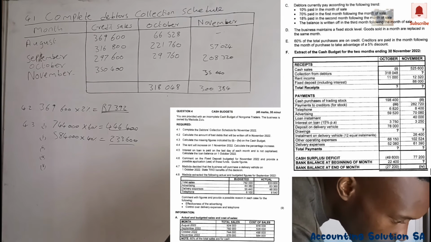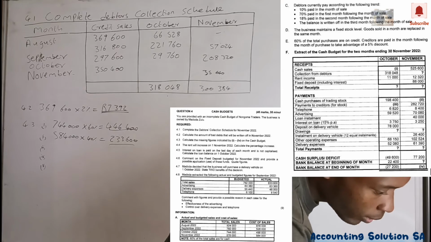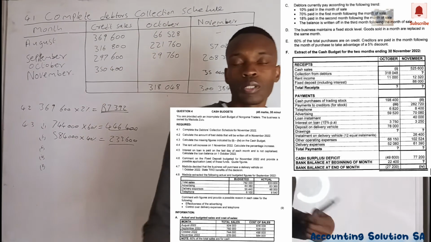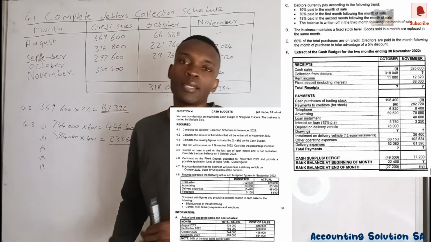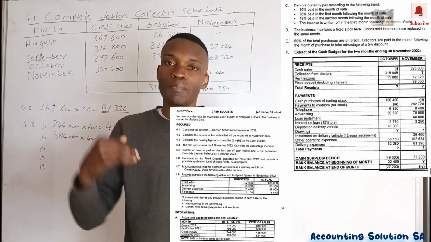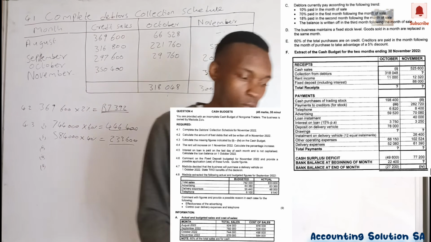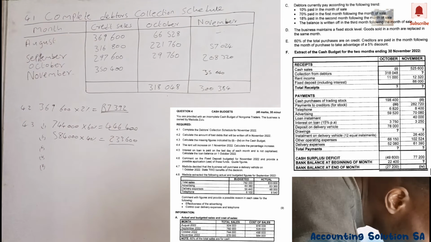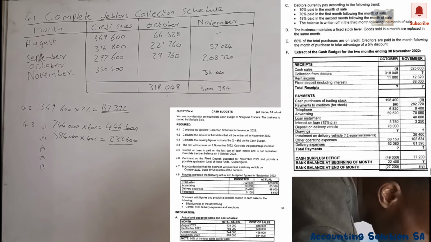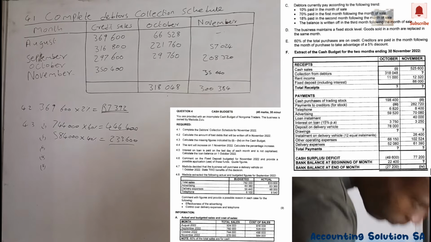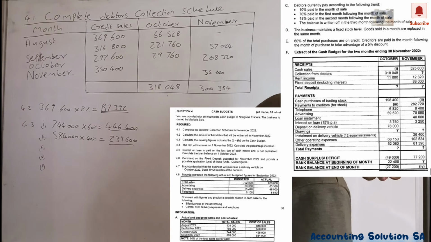A payment to creditors for stock. Okay, so this is the one that I was talking about, that you have to take the one for previous months because they said we pay in the following month and take advantage of 5% discount. Because we are looking for Roman figure number 3, which is on October, let's check our cost of sales.